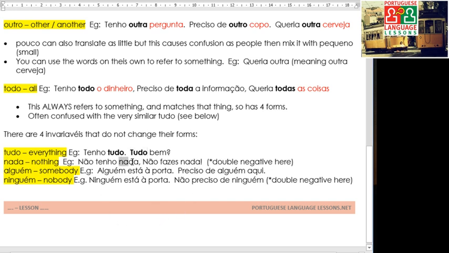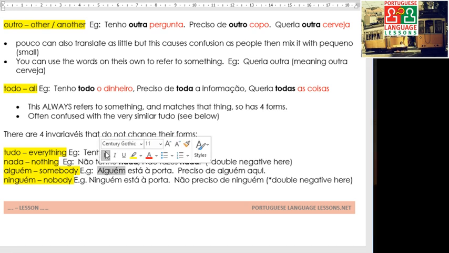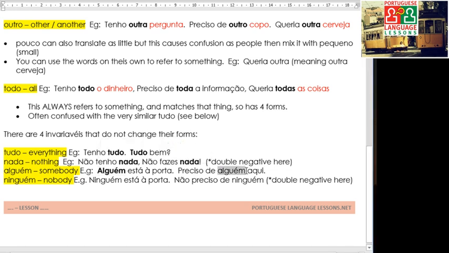Não tenho nada. I don't have anything, or I have nothing. Não fazes nada. You don't do anything. So again, a double negative is usually used with this. Alguém means somebody. Alguém está à porta. Somebody's at the door. Preciso de alguém aqui.